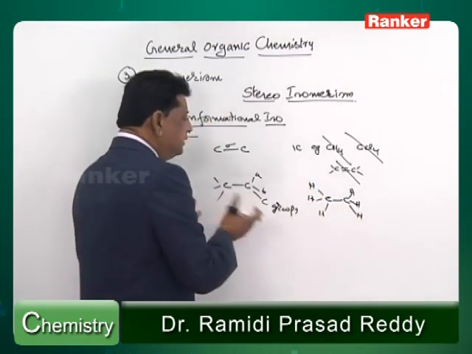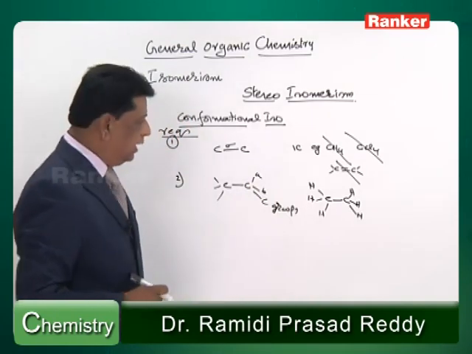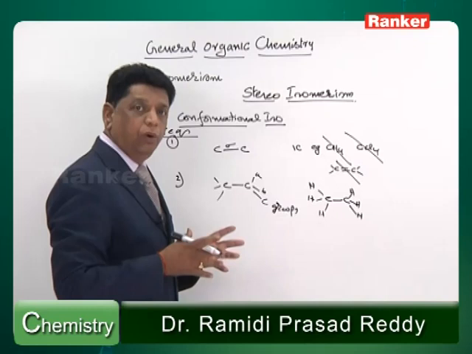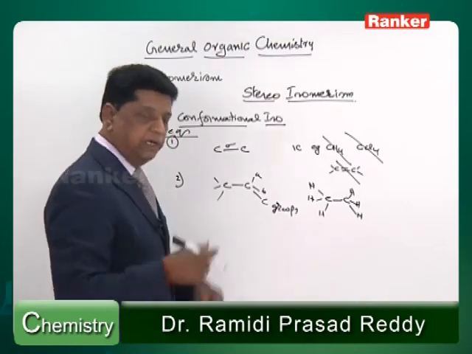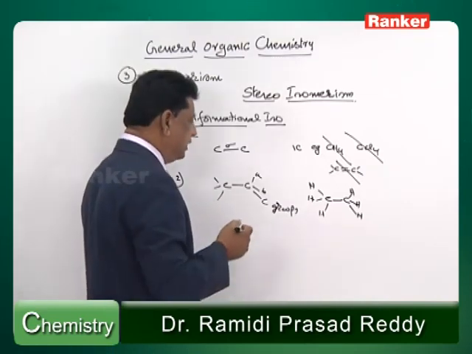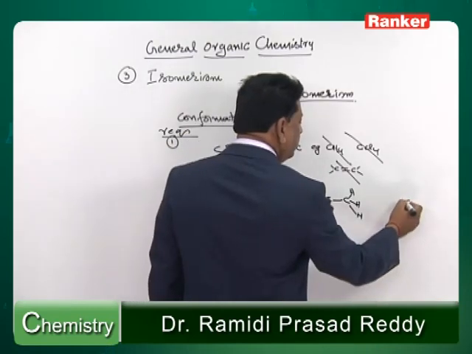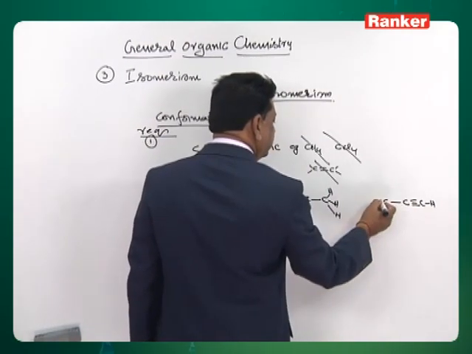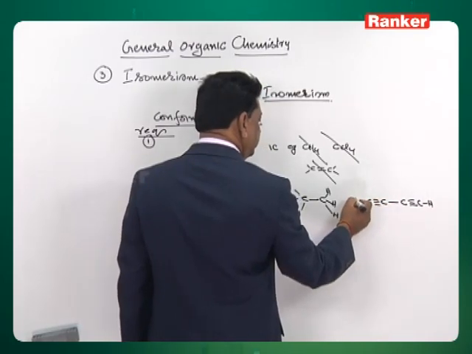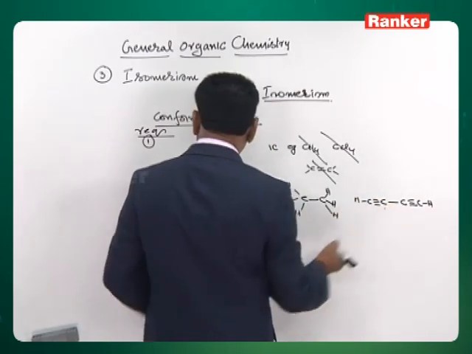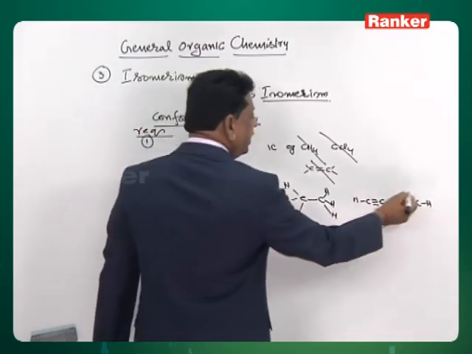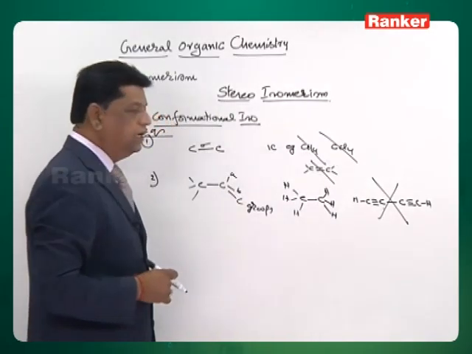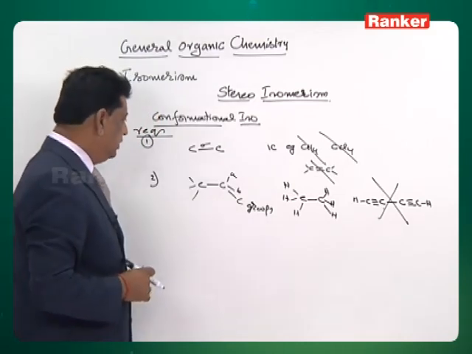So, on both sides some groups should exist, at minimum hydrogen. If some groups are chlorine, some methyl, it is excellent. But compounds where a single bond is attached to a triple bond like this are not possible. There is a sigma single bond, but the groups are not there. So that cannot show any conformational isomerism.